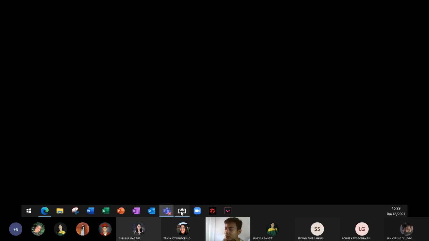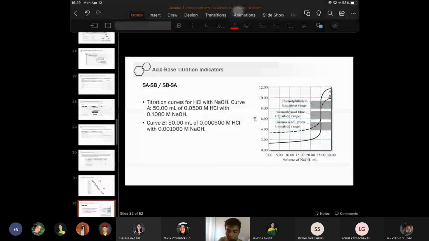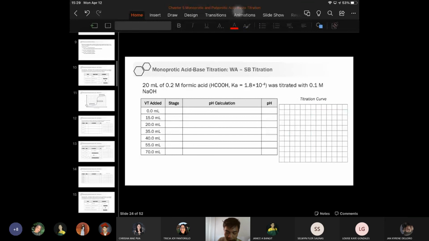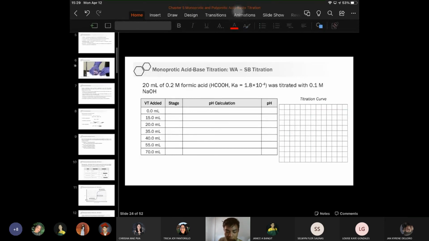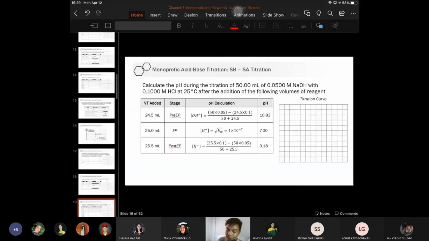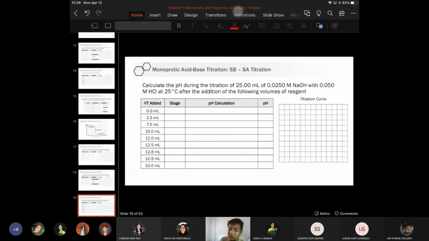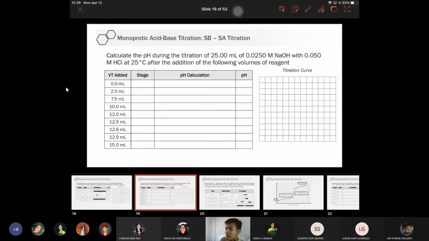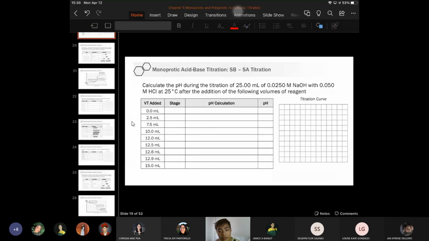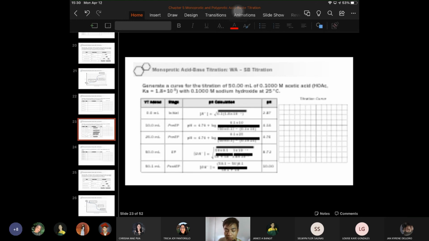So what I want you to do is to draw the titration curve for the strong base, strong acid titration. Ito yun. So I want you to draw the titration curve for this one. Basta yan. Okay, the titration curve para masanay and practice the advanced topics.